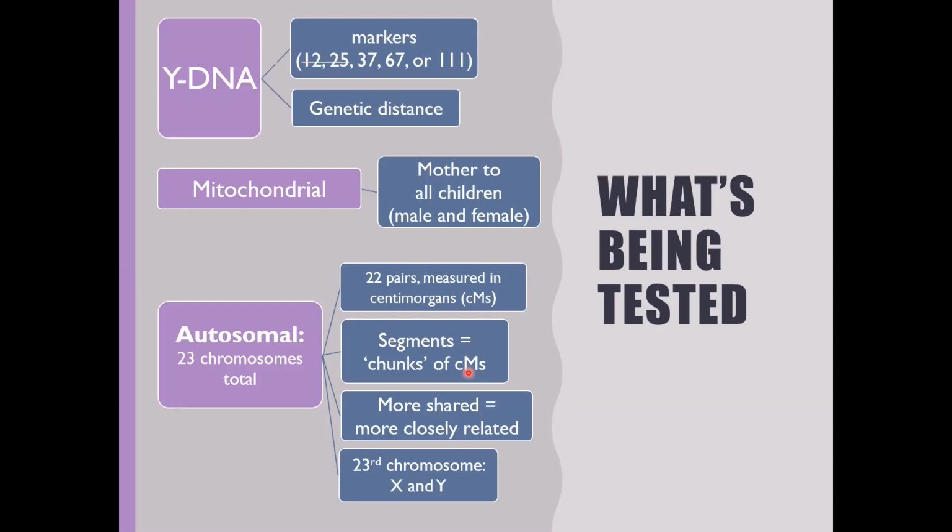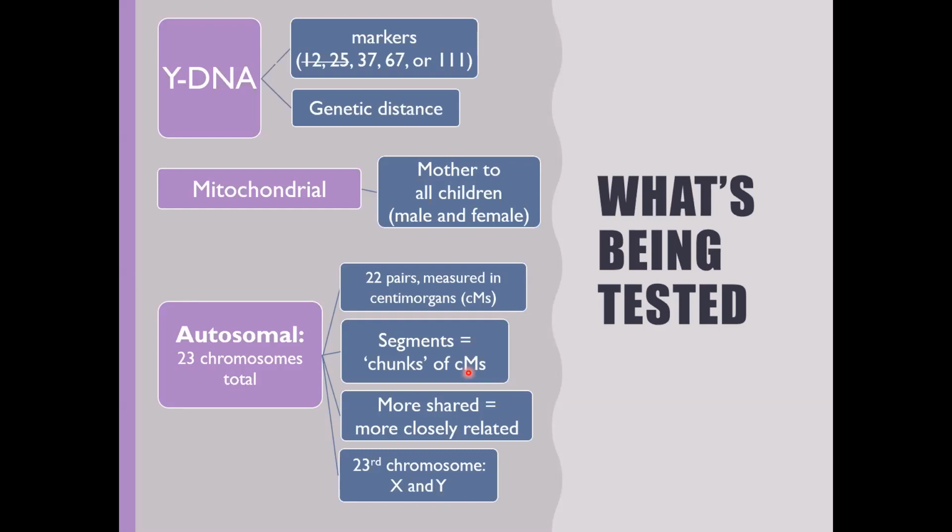And each of those genetic distance steps is a sign of a change in the DNA. That's what they're measuring. And so when the markers are the same, you share them. When they're different, it's a step of genetic difference. So I said mitochondrial goes from a mother to all her children. Y-DNA changes at a rate that you're looking at several hundred years.